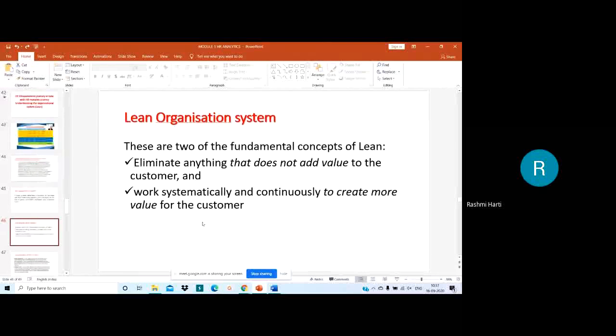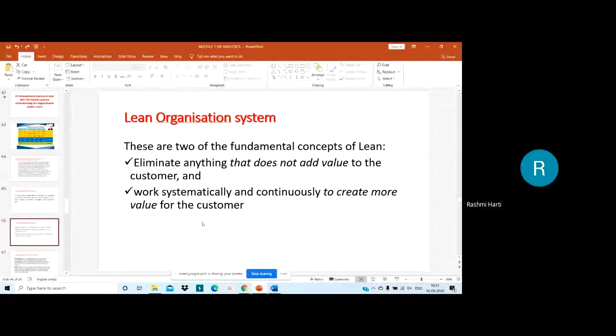Then there are two fundamental concepts of lean. First concept is eliminating anything that does not add value to the customer, right? And then work systematically and continuously to create more value for the customer. So please understand the two fundamental concepts here. You are just taking off the work which is not required.